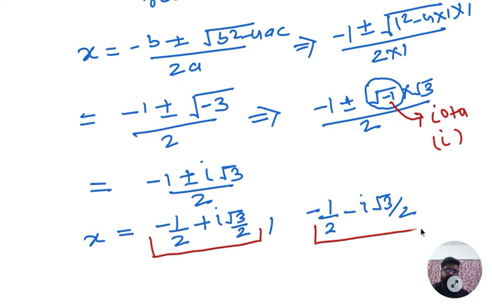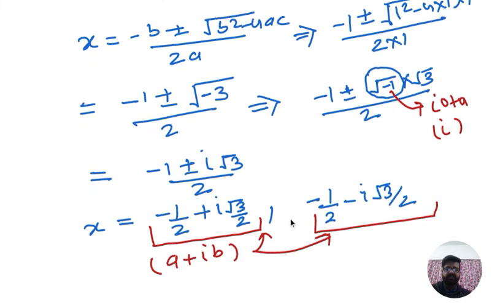these are not real, this is not a real solution, this is an imaginary solution, imaginary value, and I can write this in a plus ib form. Okay, this is a plus ib form, this also and this also.